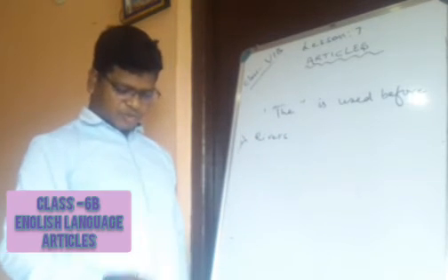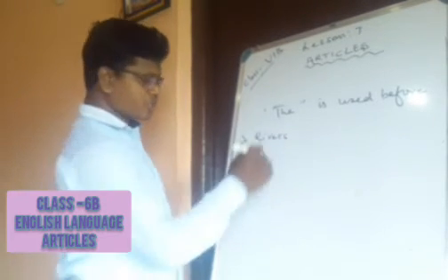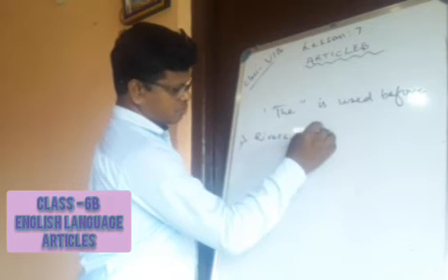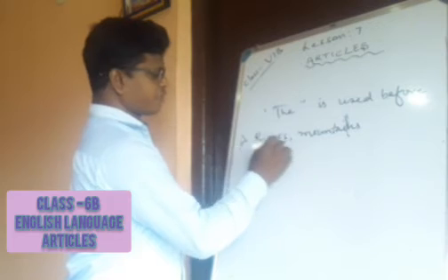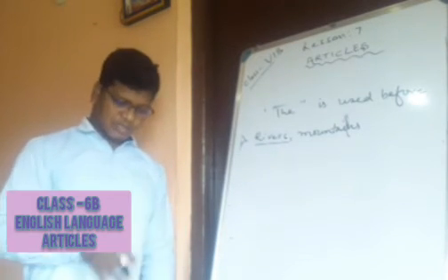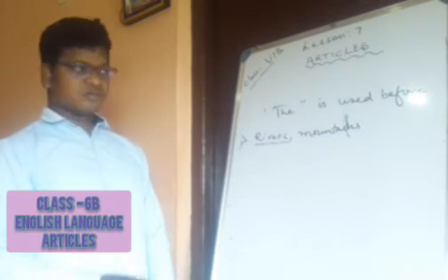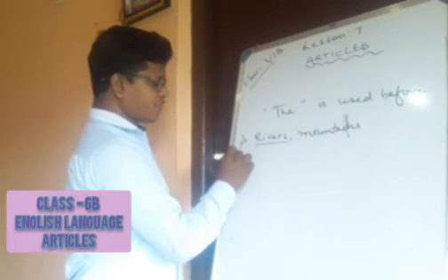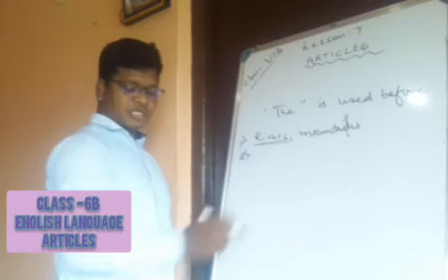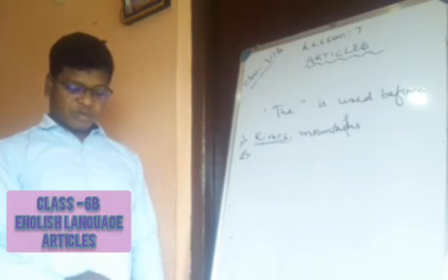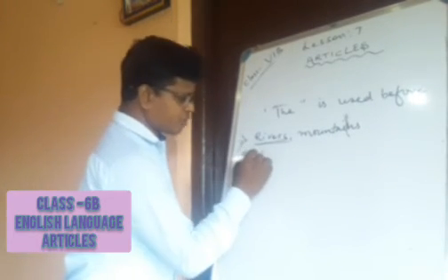Before the rivers, maybe mountains. Like a river's name, the Ganga, maybe the river Nile. The mountains, any mountain's name. So before the names of rivers and mountains, and also when we talk about geographical spots.